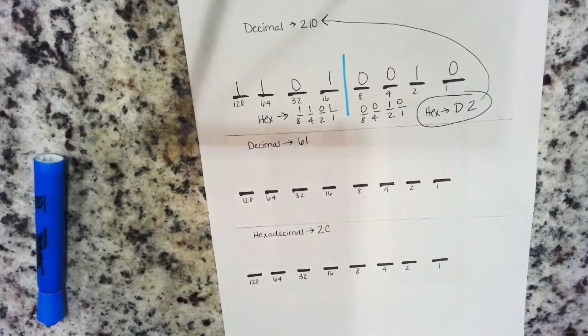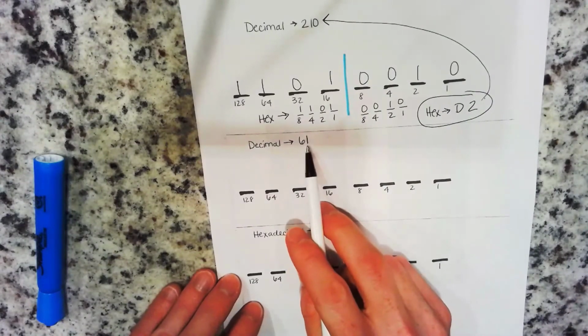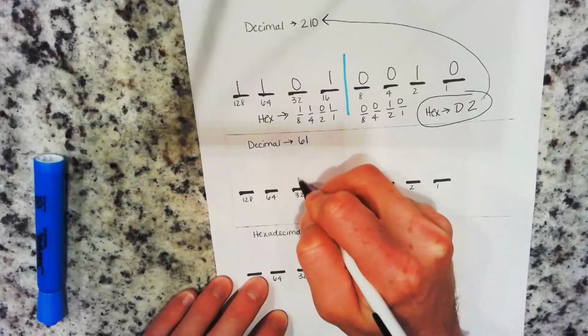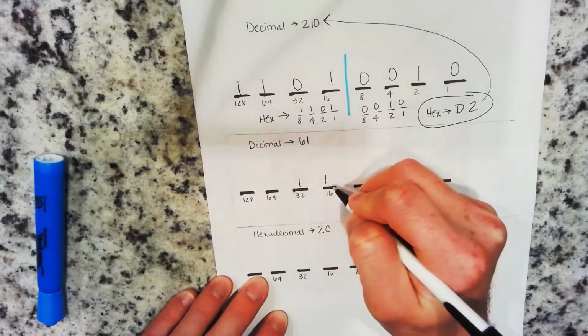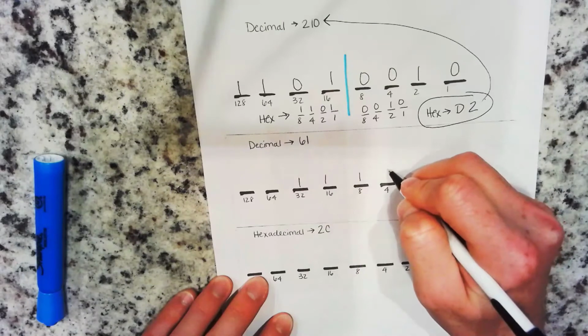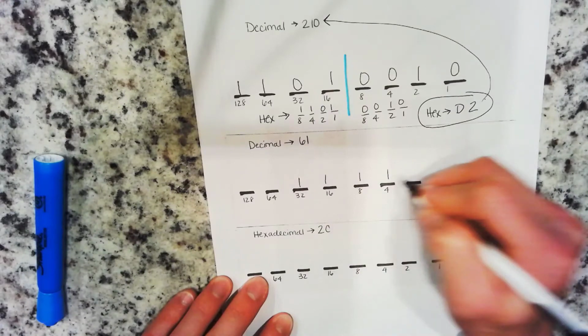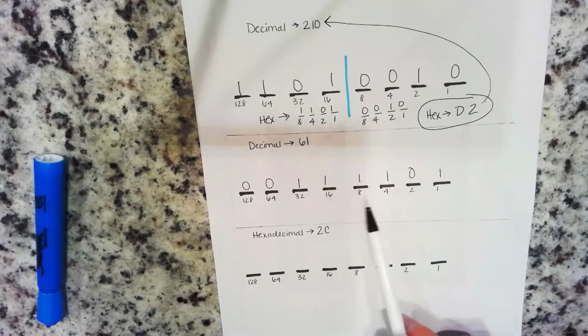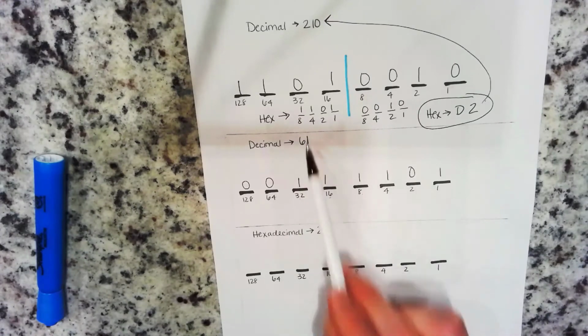All right, let's look at one we don't know. If my decimal is 61, I'm going to put a 1 at 32, 16, 8, 4, and 1, and fill in zeros everywhere else. So 32 and 16 is 48, plus 8 more is 56, plus 4 more is 60, plus 1 is 61.